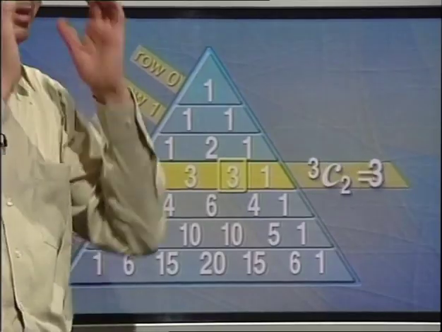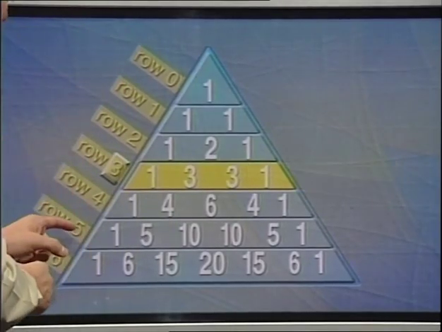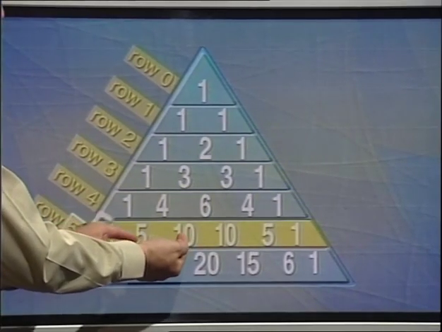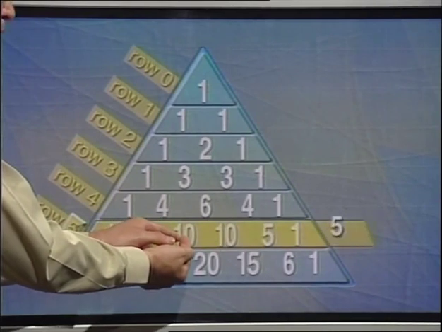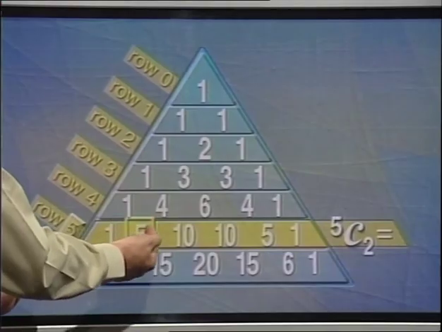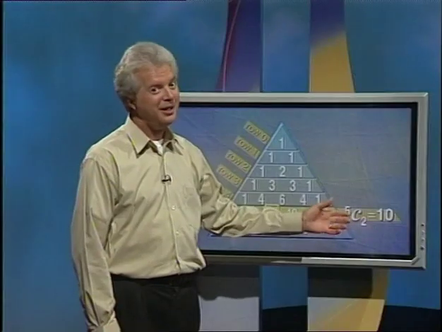Now, just in case that's a little bit mind-blowing, let's do another example. Let's take row 5. In row 5, this element here, the 0, 1, 2nd element, would be labelled 5C2, and it's equal to 10. Now, some of you may recognise this from other branches of mathematics, but if not, don't worry.